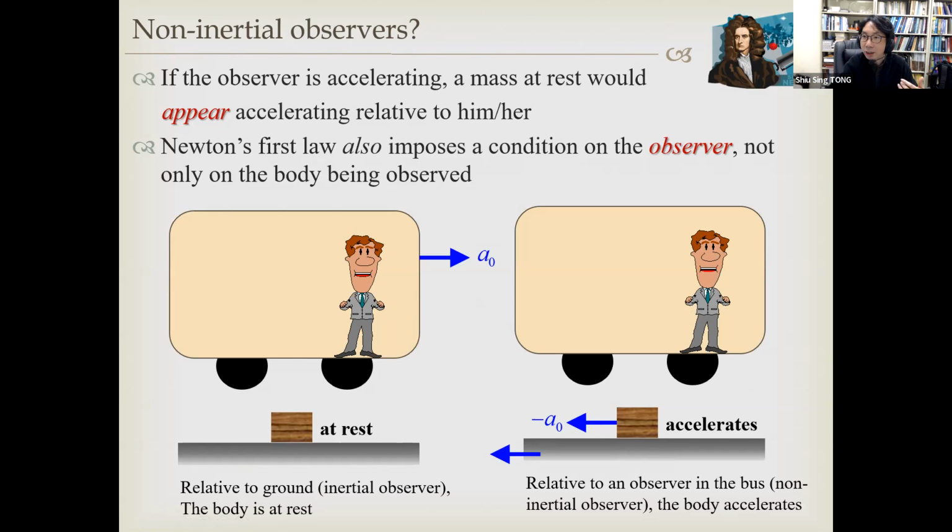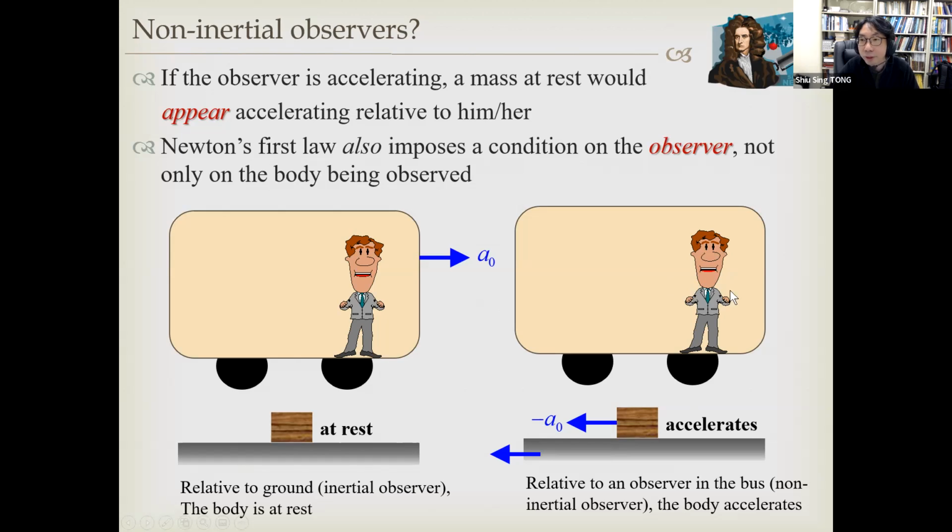But when he looks outside the window, he will find that all objects, including the ground, are accelerating in the opposite direction to the bus. But of course, that acceleration is not real, right? Now, he sees an acceleration, but the object here is not acted on by any net force. There is no force acting on the body to the left, right?